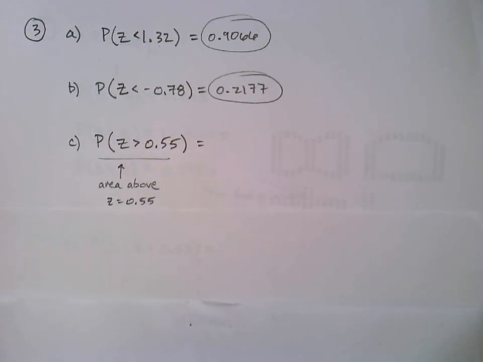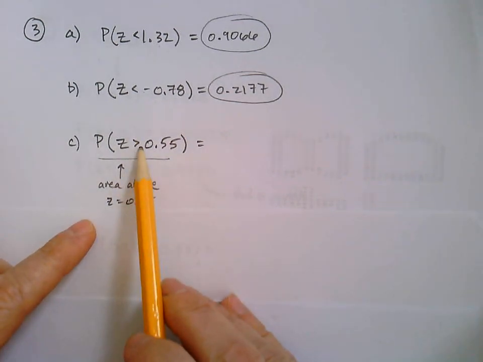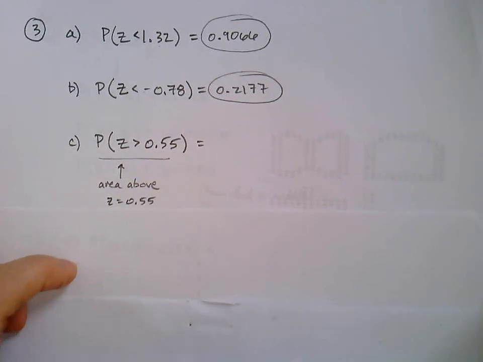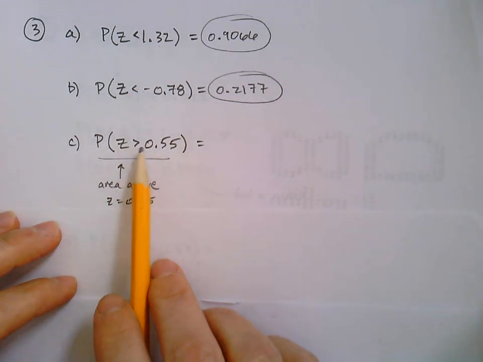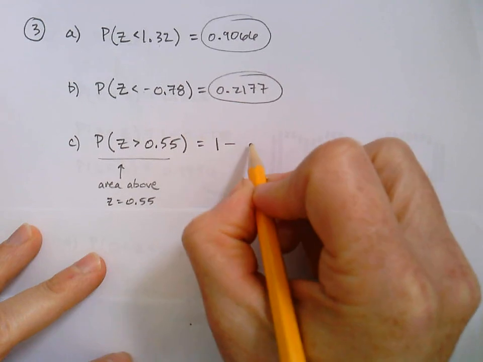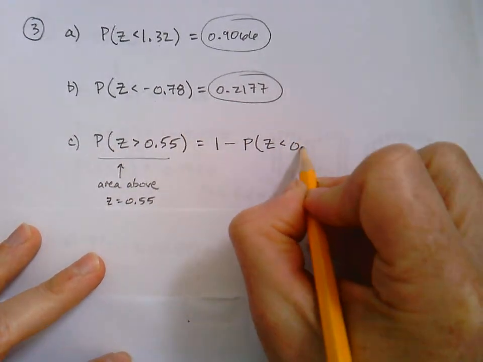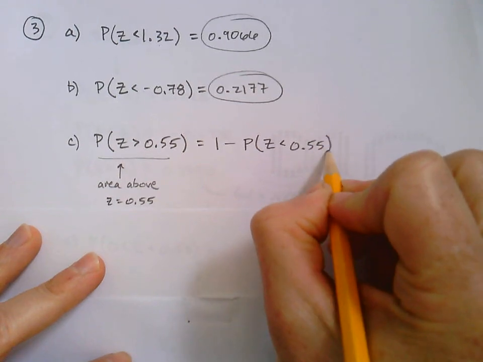I've made a note here: they're indicating the area above when they say greater than. How much is above 0.55? Our table doesn't know how to do that, so we're going to say this is 1 minus the probability that capital Z is less than 0.55. We're going to do the complement.